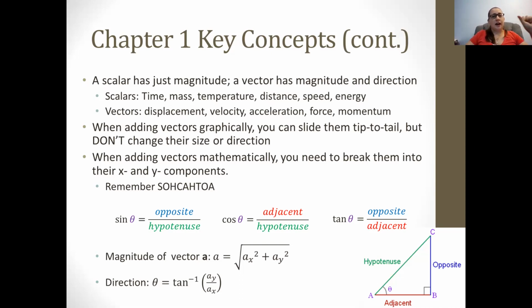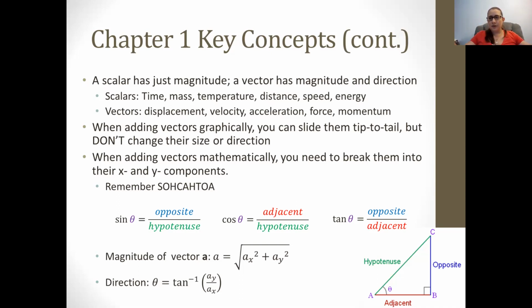If distance tells us how far we've gone total, then displacement would tell you how far you've gone from your starting point, right? So that would be our vector, whereas distance would be our scalar, okay? Some important vectors that we've used, of course, displacement and velocity I just mentioned, but also acceleration, force, momentum, torque, which we didn't really get to talk about a whole lot.